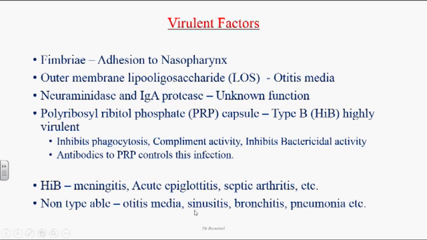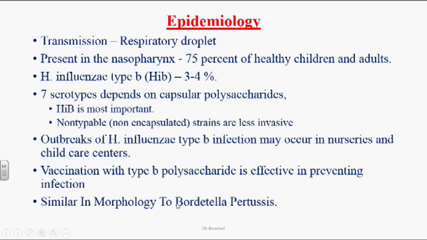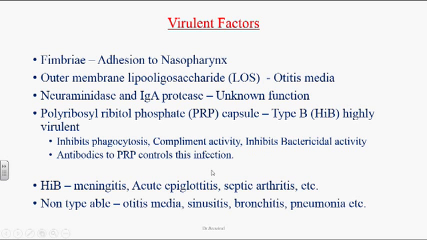Majorly these infections occur because these non-typable organisms are not that invasive. Whenever they get trapped in areas like the middle ear, sinuses, or bronchial or alveolar areas, they can cause localized infections. Majorly we can see non-typable infections in adult patients, and Hib infections in children, with a high number of cases in children.